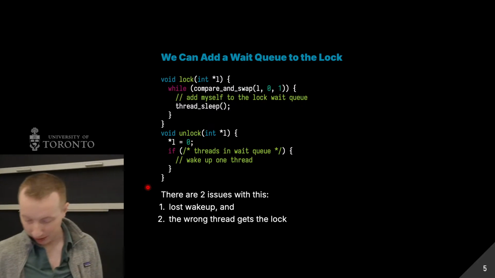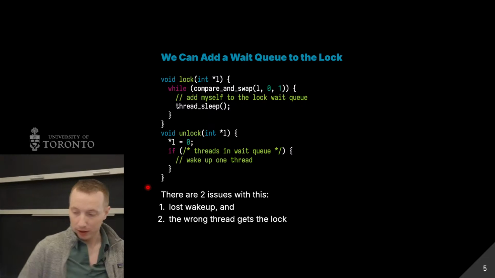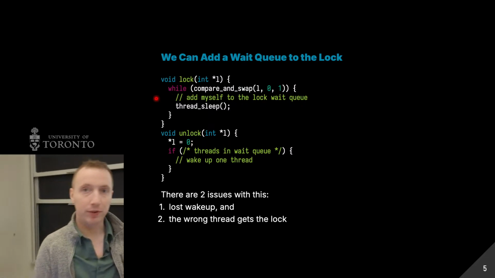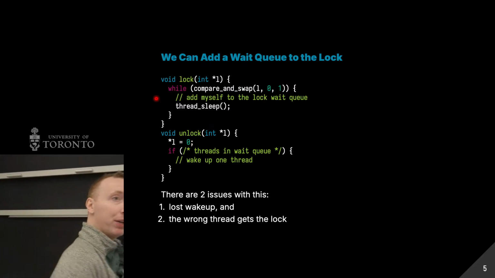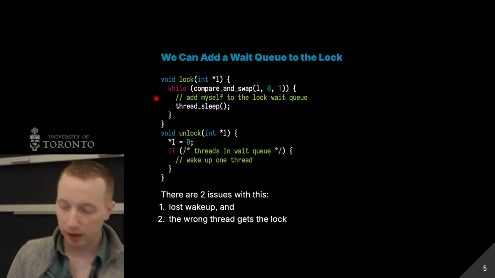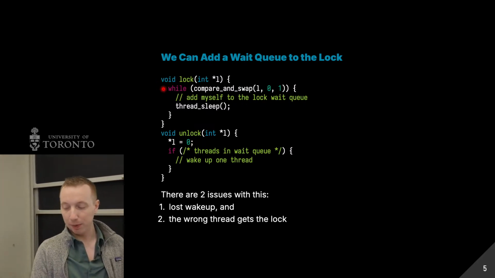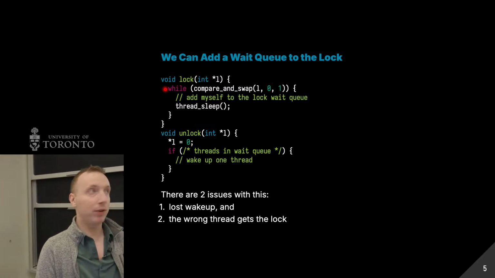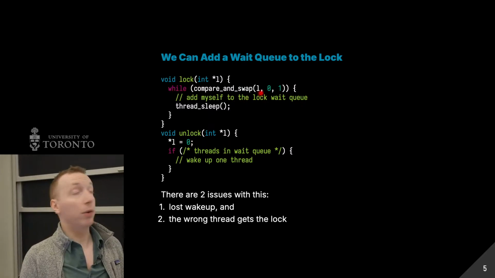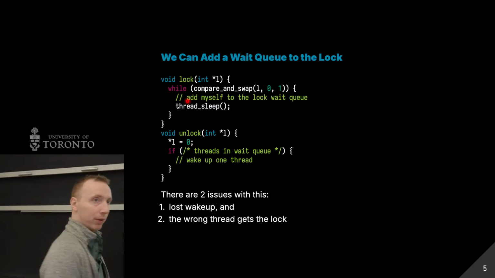So here is my proposed solution. I am going to essentially come up with a wait queue. So assume I just have a queue, just a list. I'll spare you the details. But now I'll change my lock implementation so that whenever I don't acquire the lock, so I go into the body of the loop, I would add myself to the wait queue.